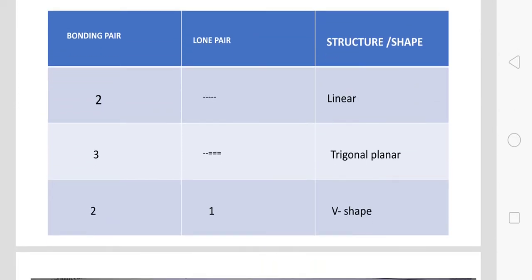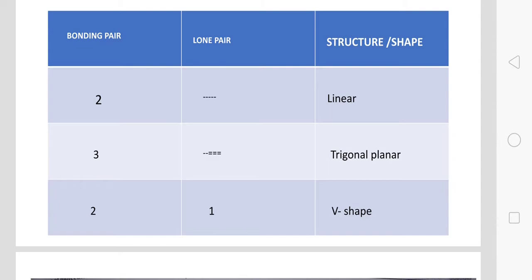By using this table I have given, we can find the structure. If bonding pair is 2, lone pair is 0, the structure is linear.